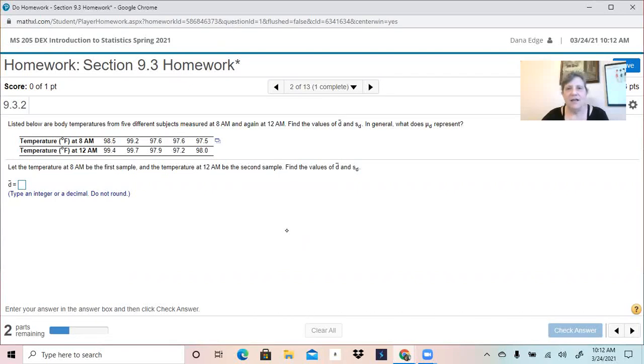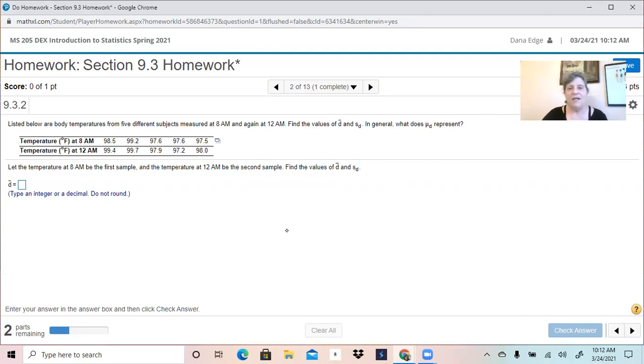Let's take a look at how to do problems where we have two samples with paired matches, meaning like sample one contains husbands and sample two contains wives, or mothers and children, or perhaps a before and after situation.